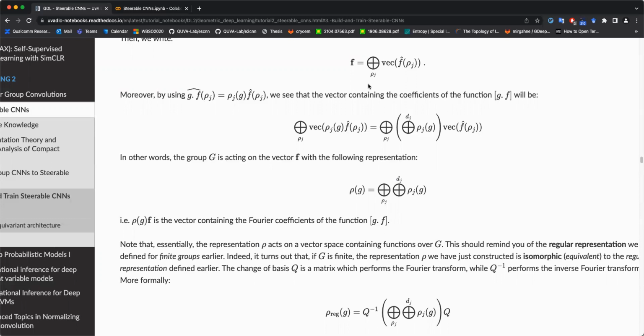And in practice, as we said before, for infinite groups we manually put a threshold on the maximum frequency. So we turn this infinite dimensional representation into a finite dimensional one, which approximates functions in a coarser way.